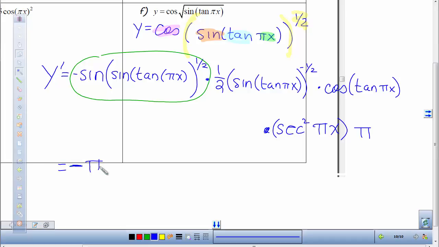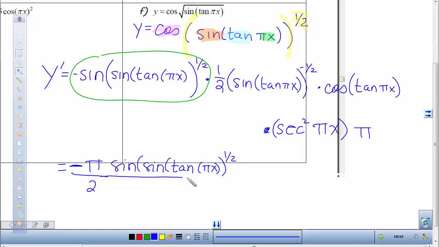We've got sine of tangent of pi x. You can't get rid of the 1/2 too. This 1/2 right here? Yeah, he's going to be in my denominator. And then this whole thing is going to be in the denominator.